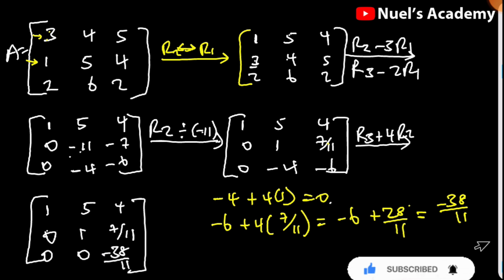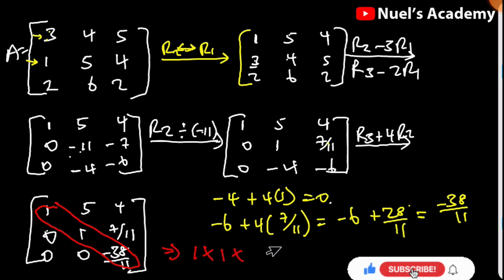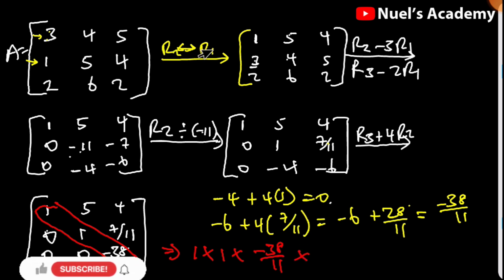Alright, so the answer to this matrix now is the product of these leading diagonals, which is 1 times 1 times negative 38 over 11, then multiplied by, remember we swapped rows. We swapped row 2 and row 1, and we said that when we swap rows, we multiply our answer by negative 1.